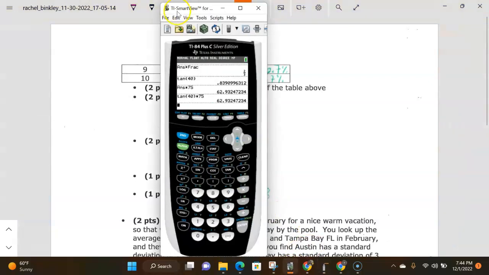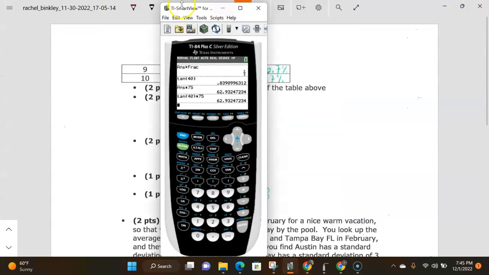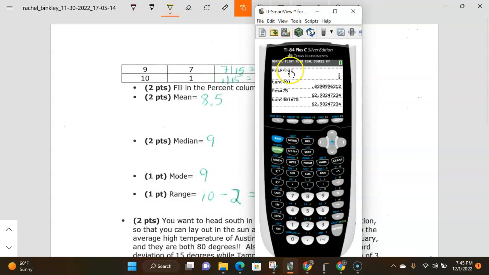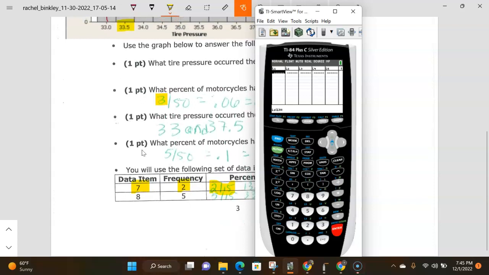So if I pull the calculator up, if I just go into stat, enter, I'm going to clear out what I have in there. Okay, and it is 7. And then in list 2, I'm going to put the frequency that there's 2 of those 7s.